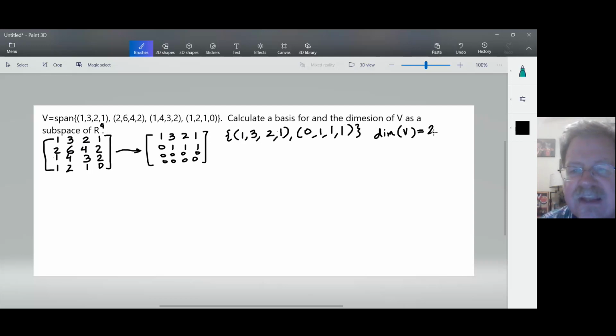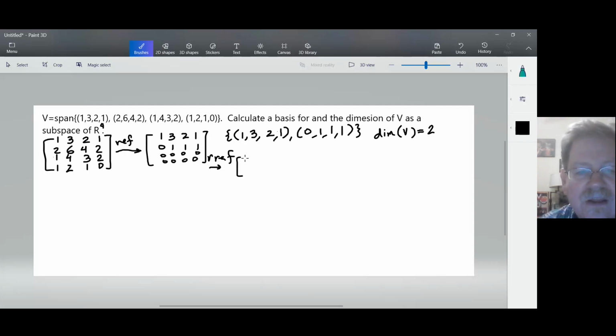Now, we could have taken that matrix a step further and gone to reduced row echelon form. So again, this was row echelon form here. If we take this one step further and put this into reduced row echelon form, which we could do, there's no rule that says that we have to, but we could.